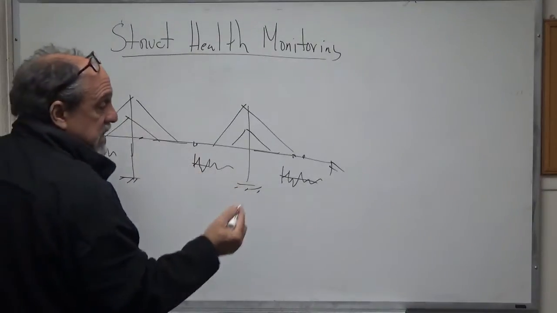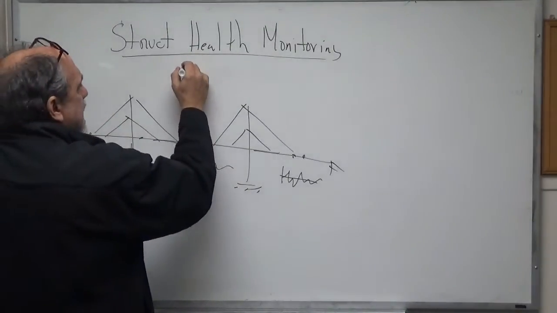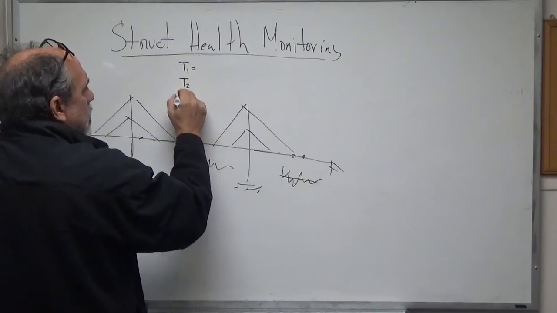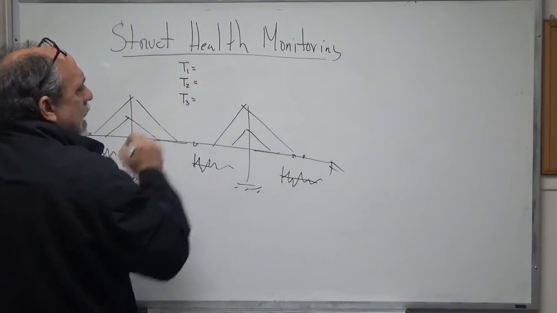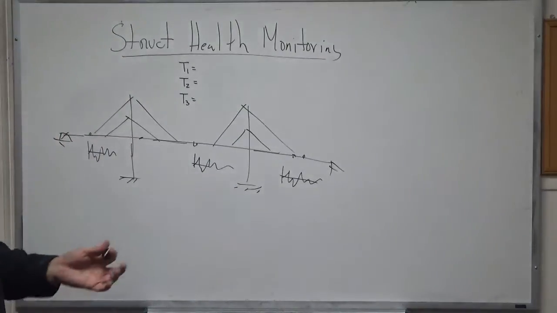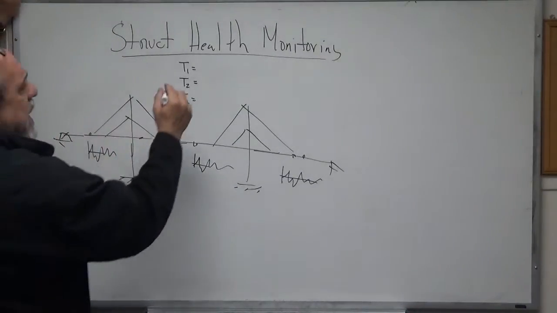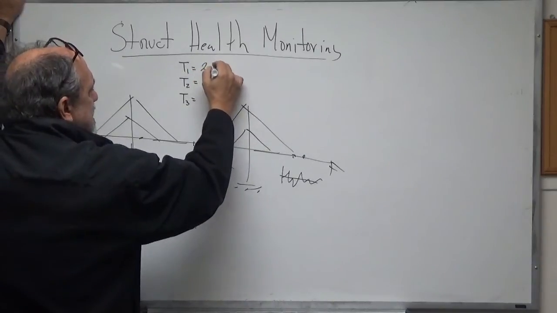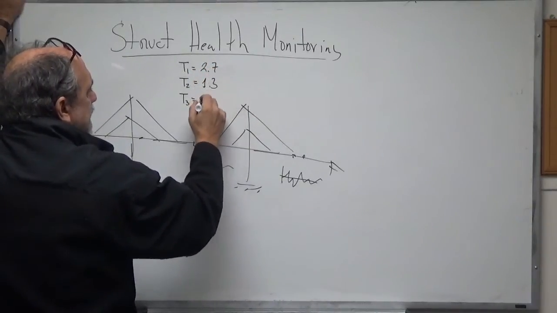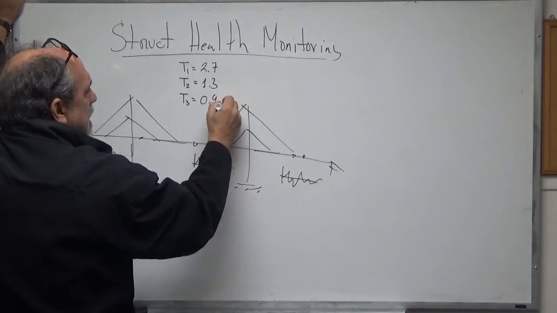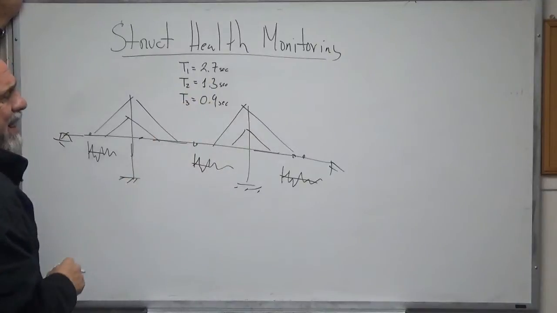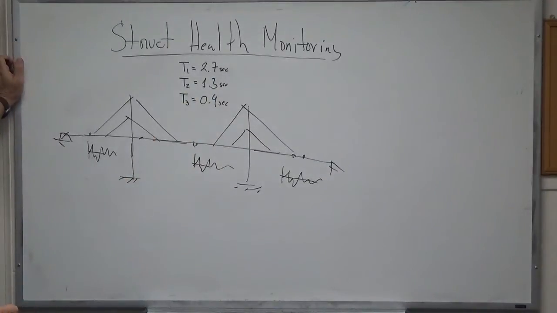p.m., or twice a day, or whatever, and I find that this bridge, in its healthy state, I don't know, has the following, I'm using in these descriptions now only frequencies and periods, right? So has the following period, right? So the first mode is 2.7 seconds, this is 1.3 seconds, this is 0.9 seconds, let's say. Now, of course, these values are not exactly like that, because it depends on whether it is cold or warm, or whether humidity is high or low.